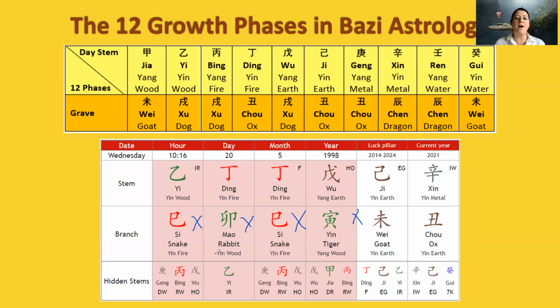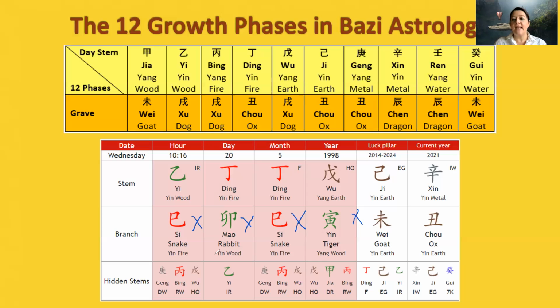So really, health is a big issue throughout your entire life. If there's a chronic disease or a chronic issue, and you're right now in your 30s, but you see that you have the grave phase in your hour pillar, then do something about this chronic issue right now, because otherwise it will impact your old age.